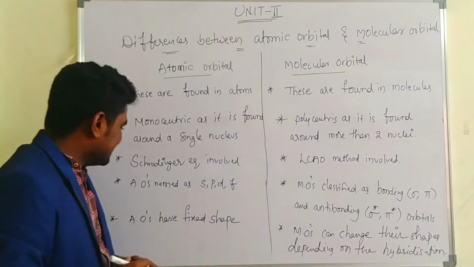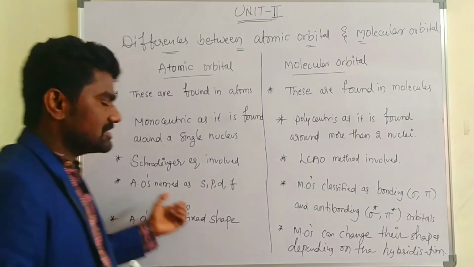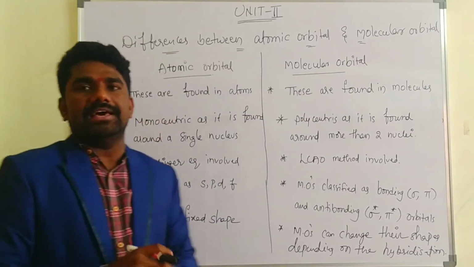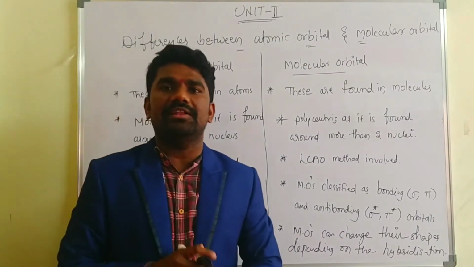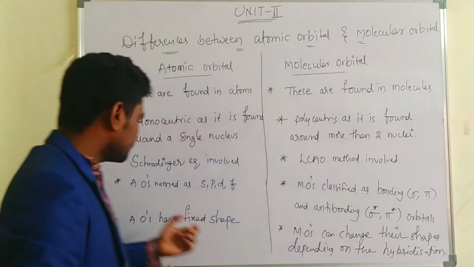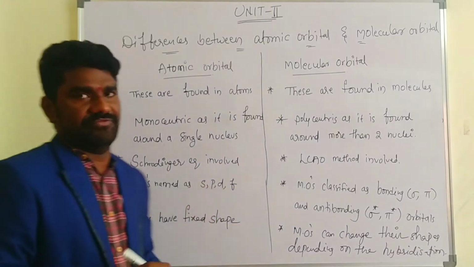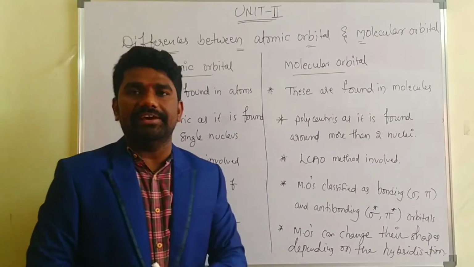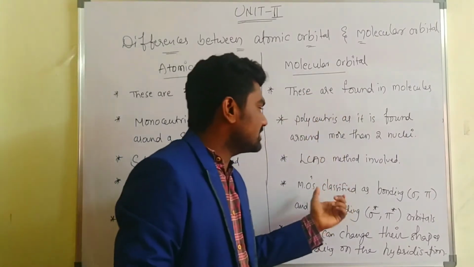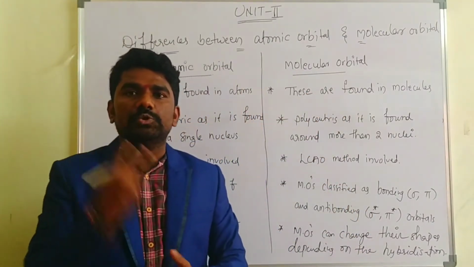Now coming to the next point, atomic orbitals are named as s orbital, p orbital, d orbital, f orbital. The molecular orbitals are classified into 2 types.